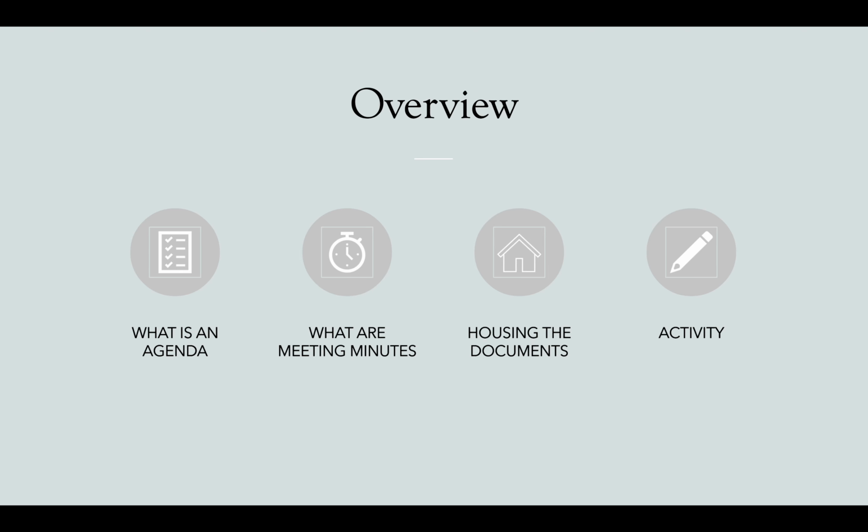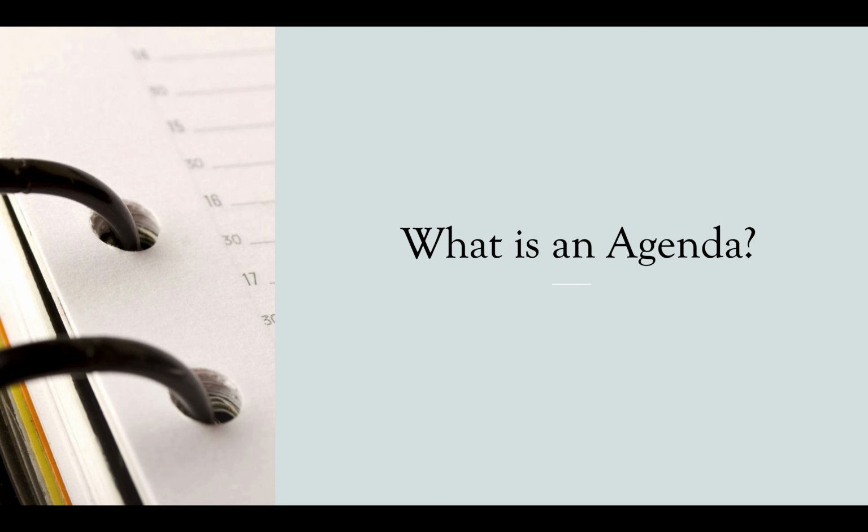Okay, so overview. We're going to focus on 4 quick things here. What an agenda is, what meeting minutes are, where you can house your documents, and then completing an activity. So what is an agenda? You should be starting on page 3 of your form by now.